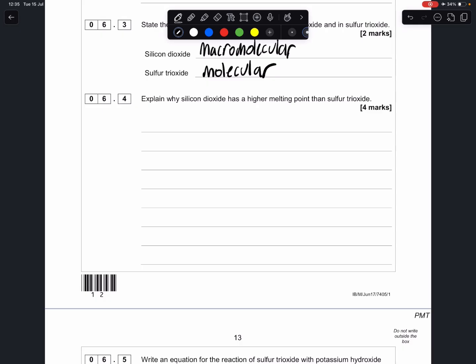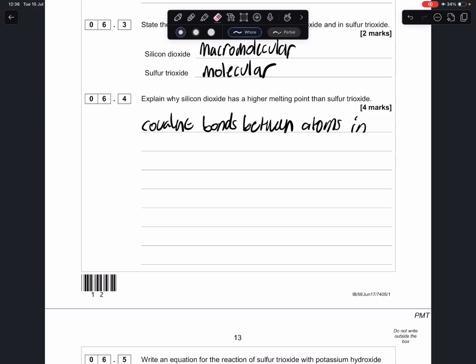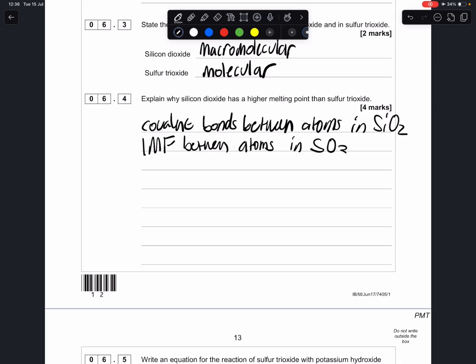So what requires more energy to be overcome? The covalent bond, whereas our intermolecular forces takes less energy. So we just need to put that into writing. So covalent bonds between atoms in our silicon dioxide, whereas intermolecular forces, write it out in full in your exam, between molecules in sulfur trioxide.